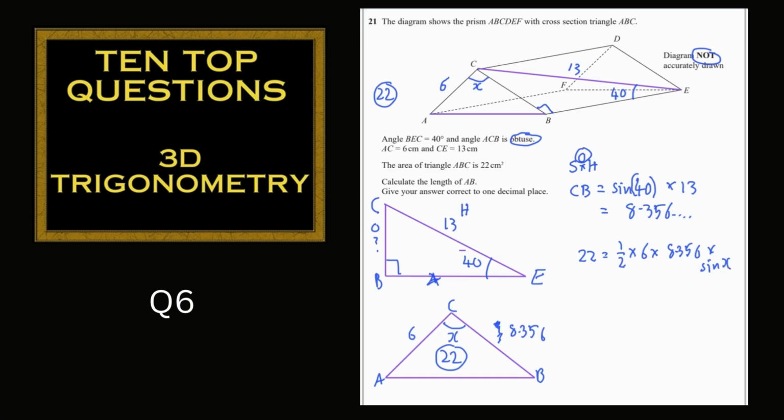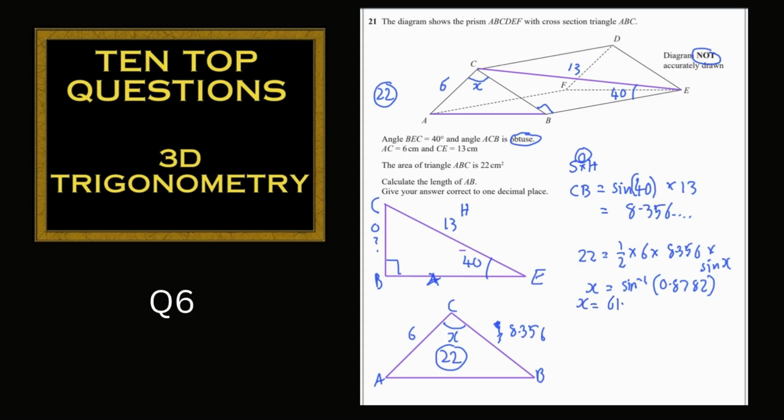We're going to need to inverse sine something. That something is 22 and just do opposites. Times by 2, divide by 6, divide by 8.356. I got 0.8782-ish, which means the angle is 61.4.